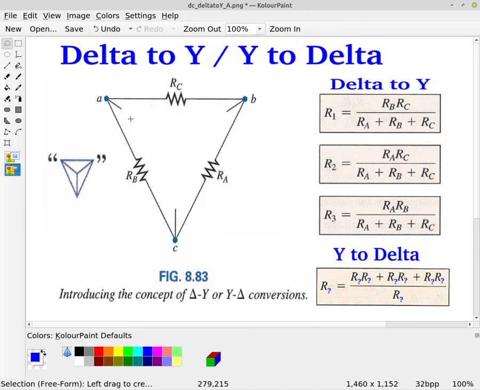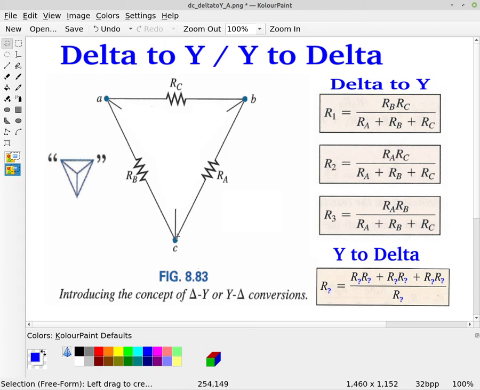And we see these a lot, especially in three-phase AC systems, but we're going to study them here. This is a delta type circuit, so it has three terminals: the A terminal up here, the B terminal, and the C terminal.